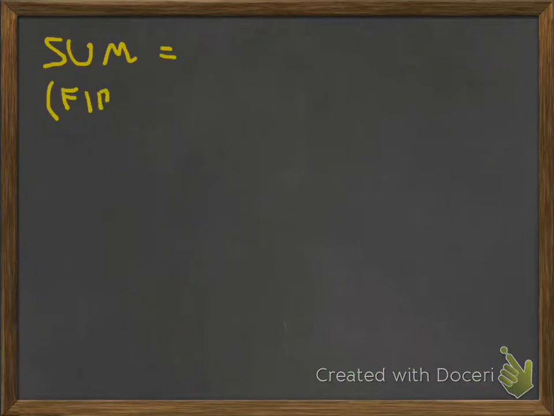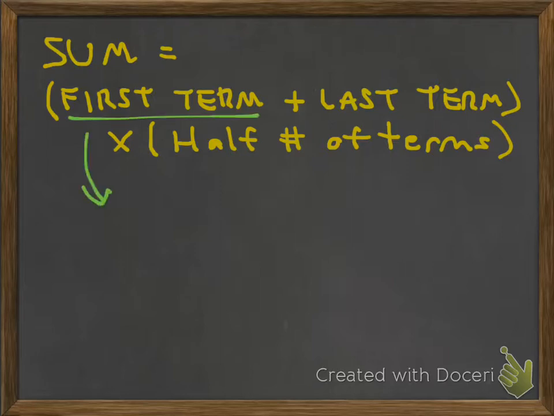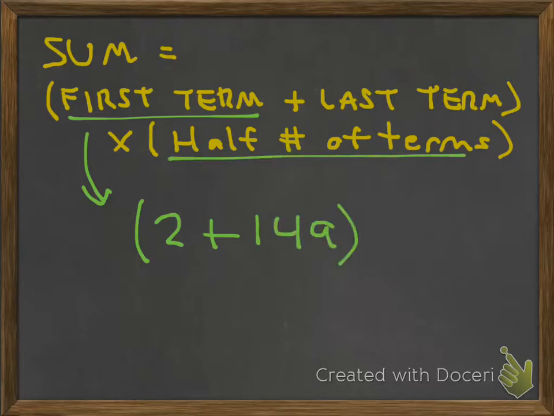Okay? So if I want the sum, again, I'm going to take the first term plus the last term, and I'm going to multiply it by half of the number of terms. And I have everything I need. The first term here is just 2. The last term is the 50th term. That's 149. And I'm going to multiply it by half of the number of terms. Well, there were 50 terms, and I'm going to divide that by 2.